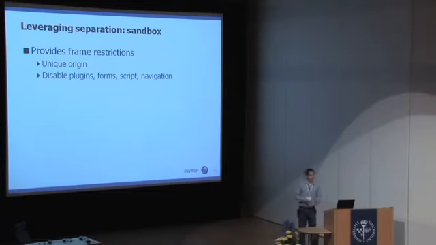The sandbox attribute also offers more control over the content. You can disable plugins, you can disable forms if you want to. You can even disable all scripts, which is particularly useful for user-supplied content. If you want to display that and prevent cross-site scripting attacks, you just disable scripting, and you can display the information safely. And you can also prevent navigation from other origins.